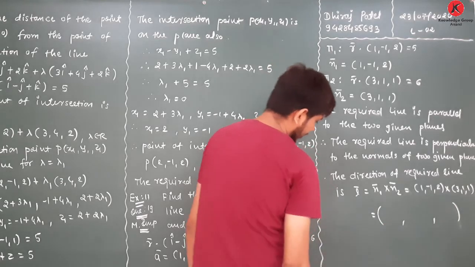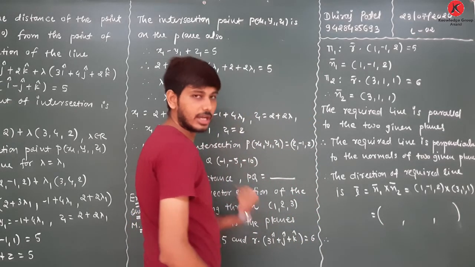આન્સર કોમેન્ટમાં લખીને પછી ઇક્વેશન ઓફ રિક્વાયર્ડ લાઈન ફાઇન્ડ આઉટ કરવાનું છે.